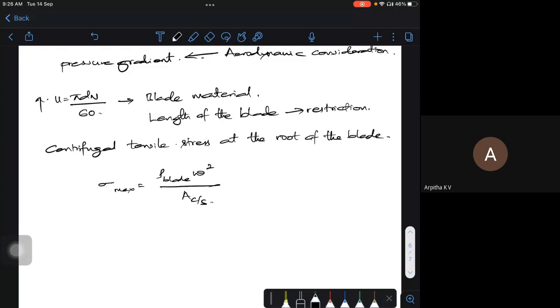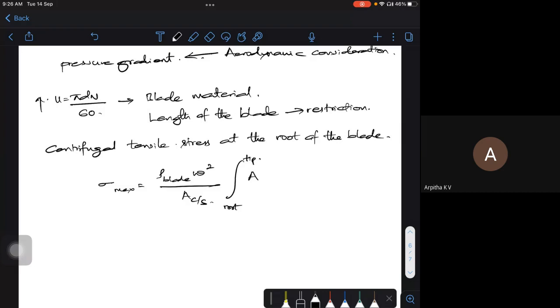Now this is something like a constant. This particular value depends on the root to tip of the blade. I need to look into A, that is your cross-sectional area.